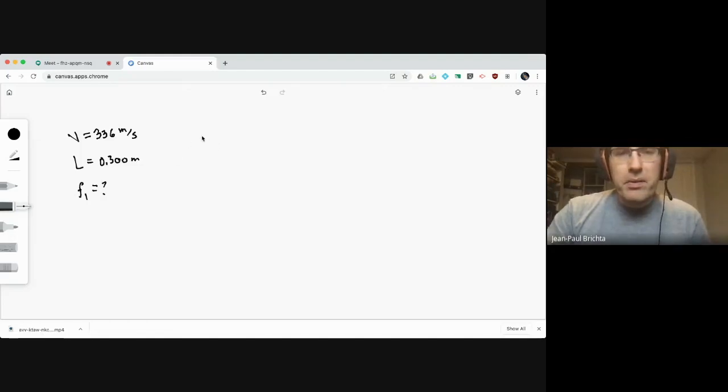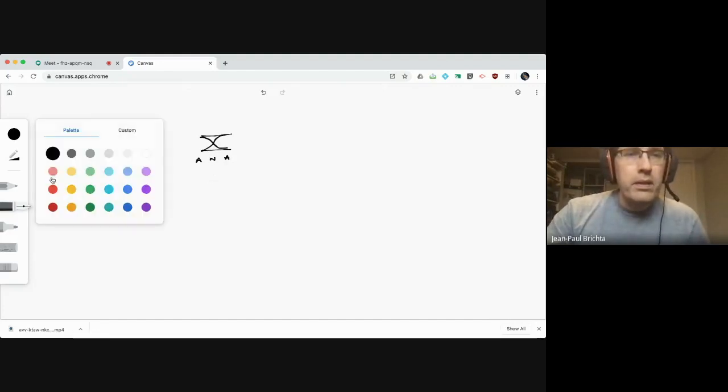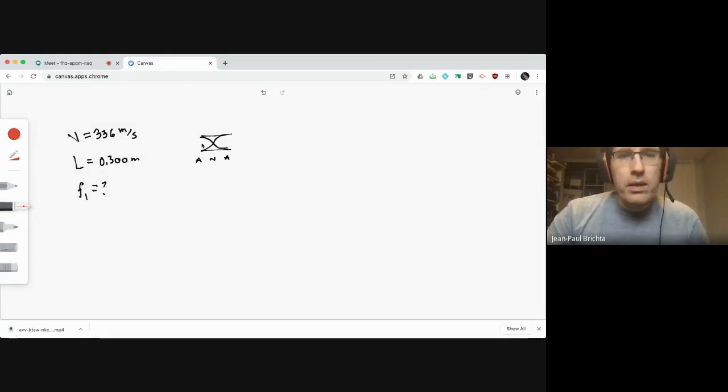So here's my picture again. Here's my open air column. This is the flute, and this is the first fundamental inside. Antinode, antinode, node, antinode, just like that. And I have one, two of these V shapes.